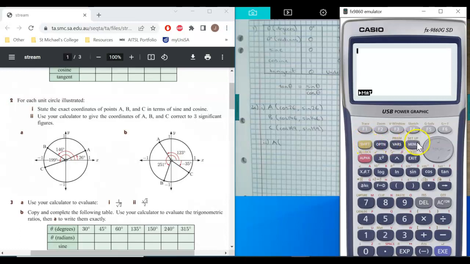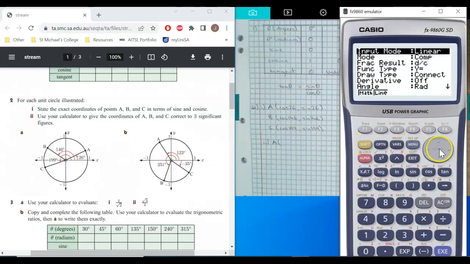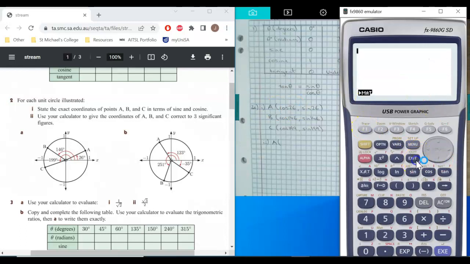You can see above menu in yellow, it says setup. So if I click shift to get to the yellow, and then I'll have to come down and change this to degrees in this scenario. Then for point A, I'm interested in cos of 26 and sine of 26.